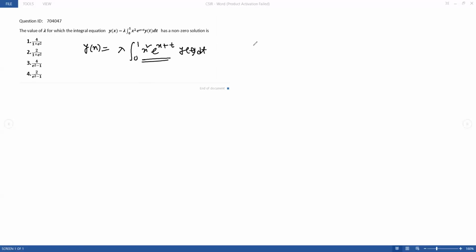This is the kernel. Look, this kernel is a separable kernel. Separable kernel means the kernel K(x,t) can be expressed as a function of x times a function of t, summed over i from 1 to n.